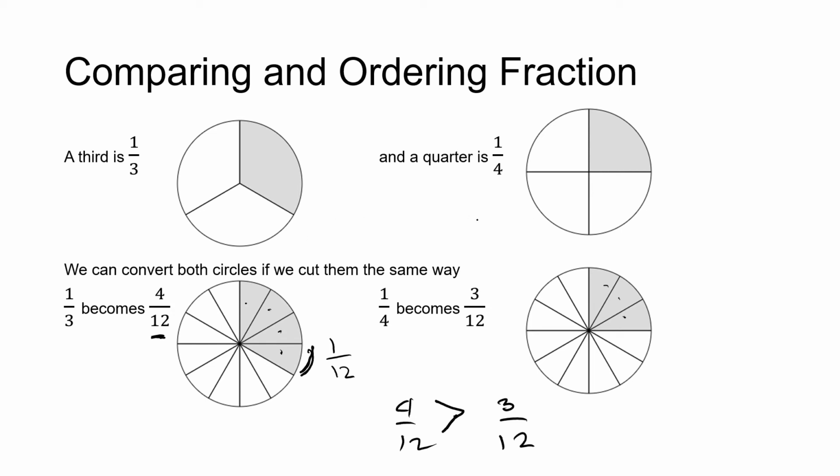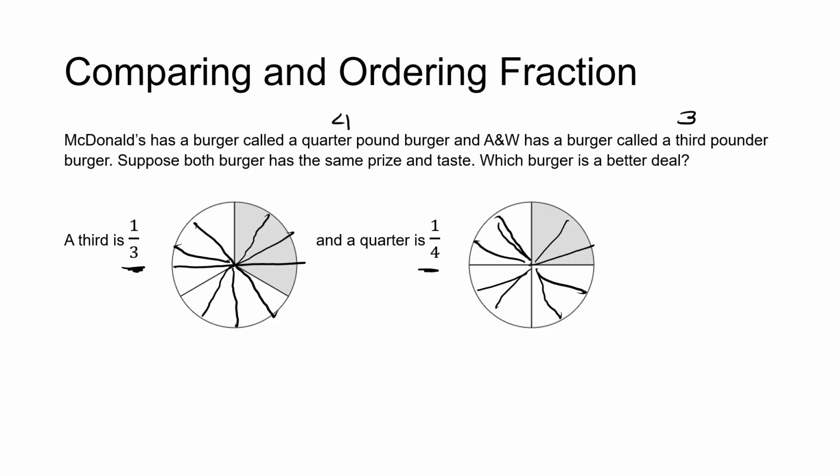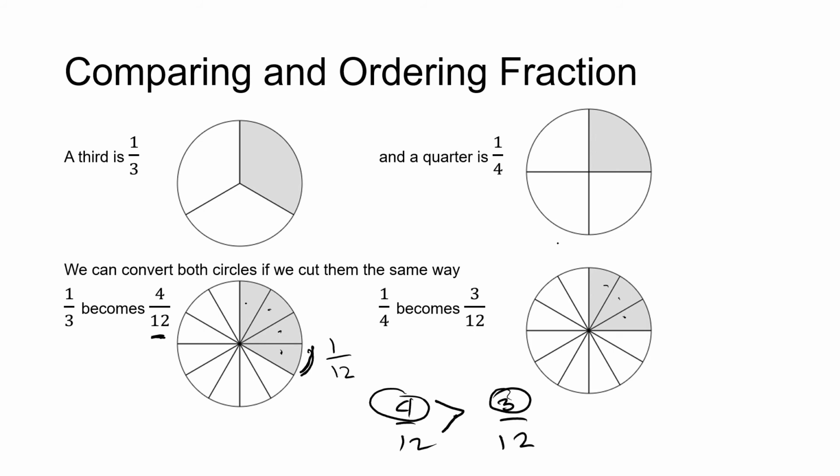We already know this from the picture, but if you look closely, this numerator is bigger than this numerator. 4 is bigger than 3. So instead of drawing it, because I know I'm a horrible drawer, it's better to just convert both fractions so that they have the same denominator, and the only thing you need to compare is the numerator, 4 and 3.